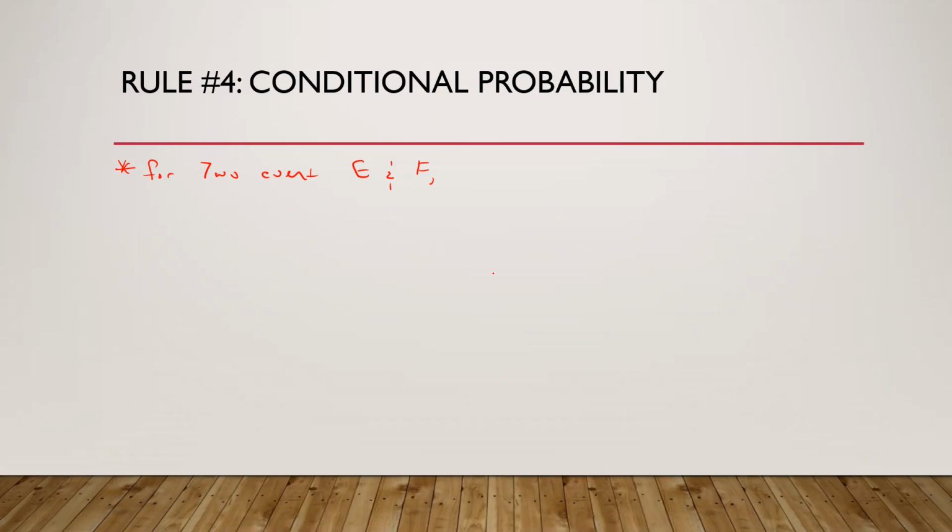Let me explain that. Suppose you roll a 6-sided die. As soon as you roll the die, I cover it up. What's the probability that you just rolled a 3? 1/6. But suppose that I look at the die and I say, hey, guess what? You just rolled an odd number.